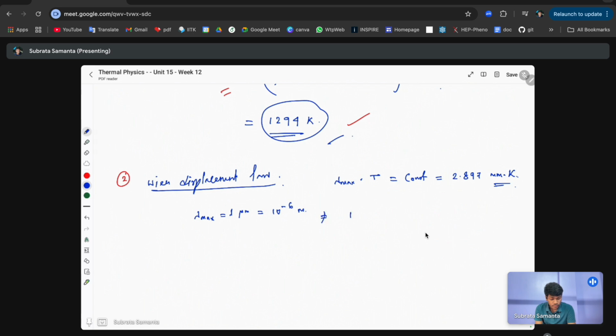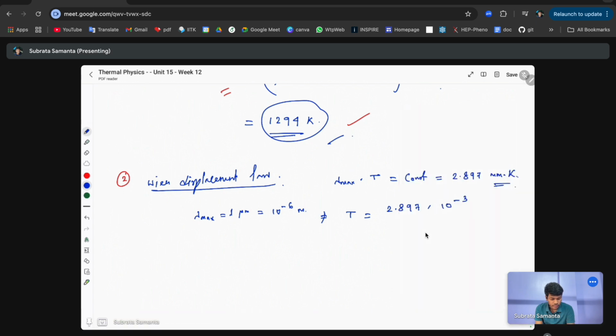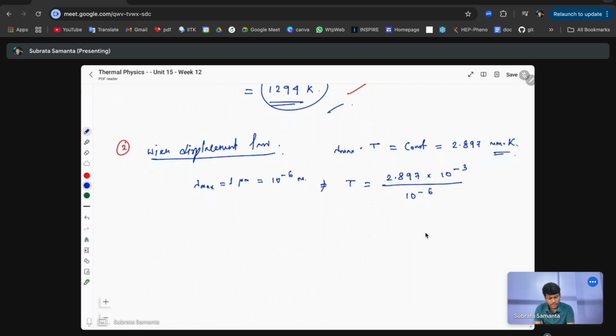Then the value of T is 2.897 times 10 to the power minus 3, converted to meters in SI units, divided by 10 to the power minus 6. So T is 2897 Kelvin.